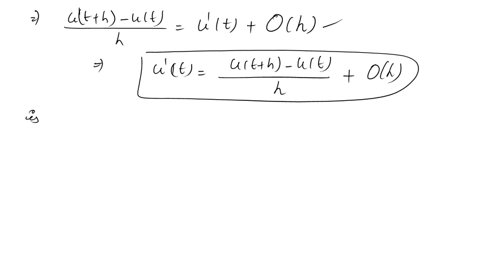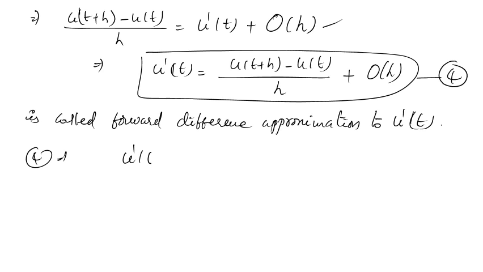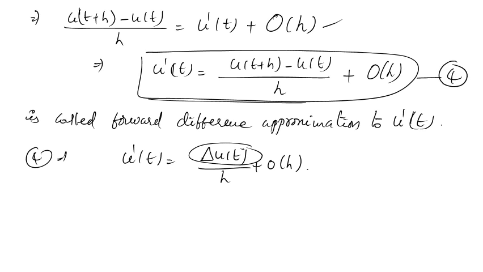This is called the forward difference approximation to u dash t, the first derivative. Take this as equation 4. It can also be written in terms of the forward difference operator, delta u of t by h plus order of h. Since this represents forward difference, this approximation is called the forward difference approximation to u dash t.